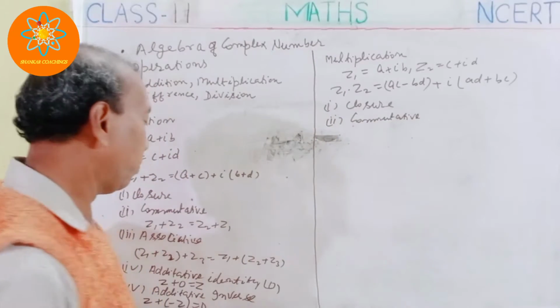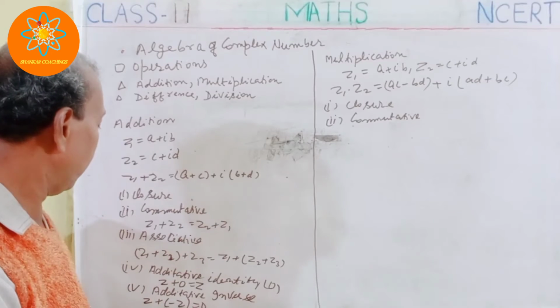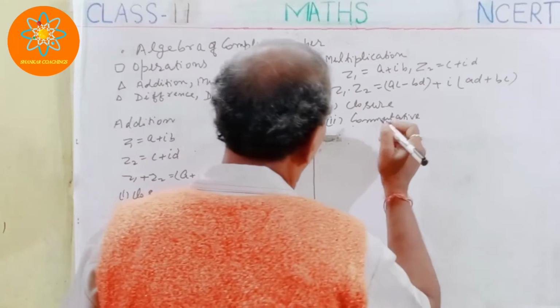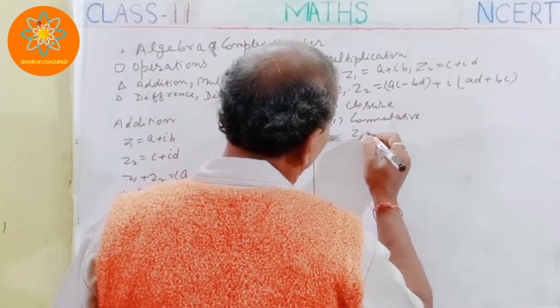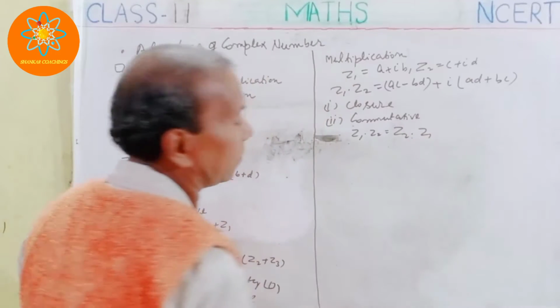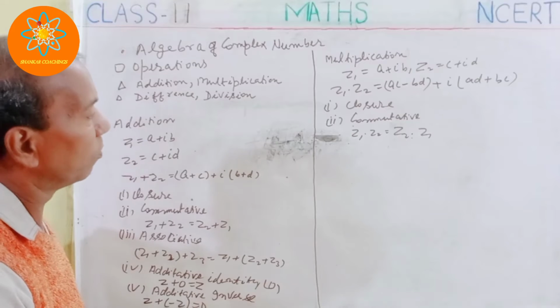In the multiplication case, z1 into z2 is equal to z2 into z1. So multiplication is true for the commutative property.